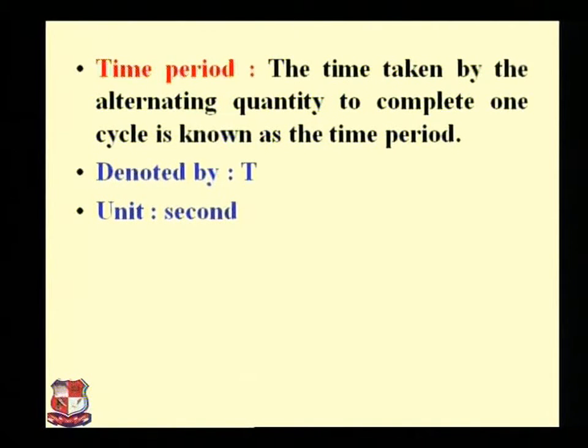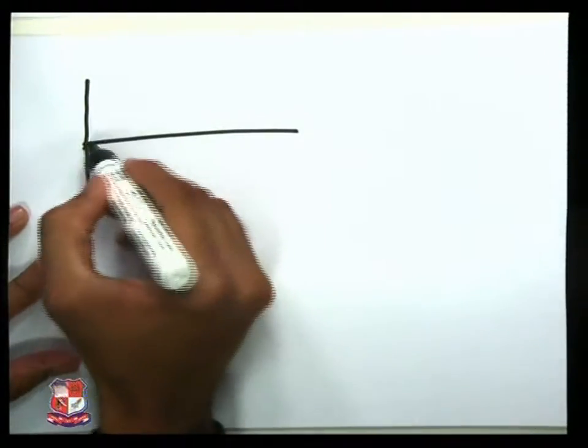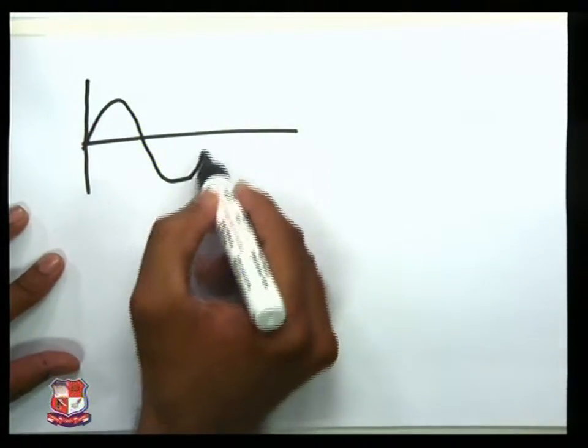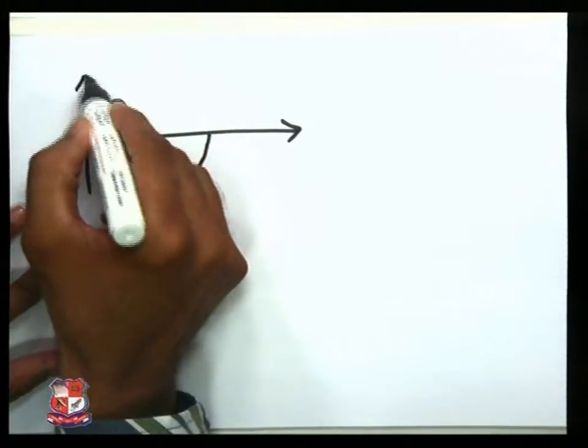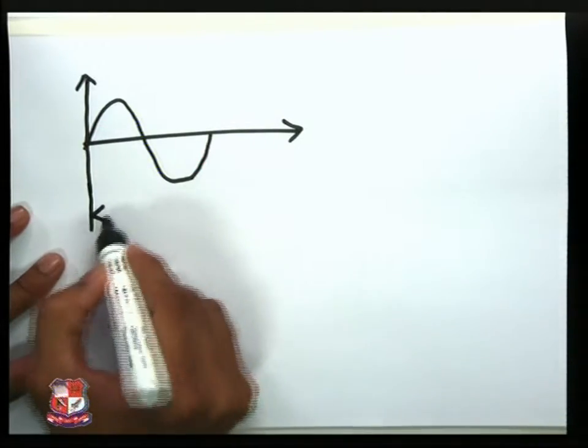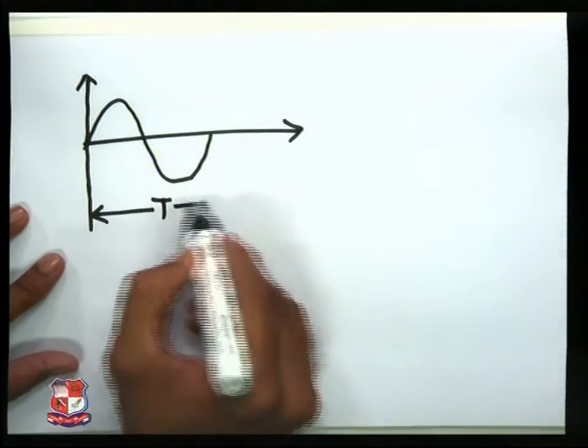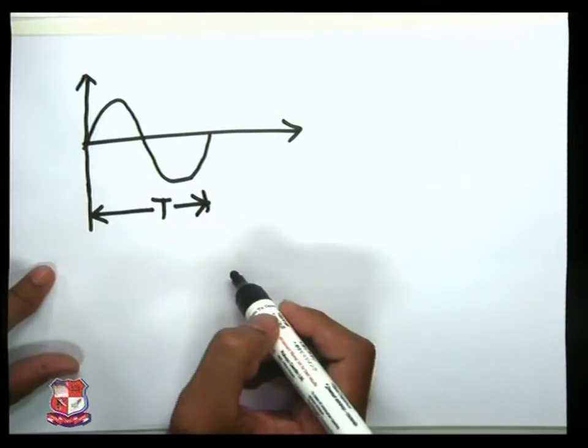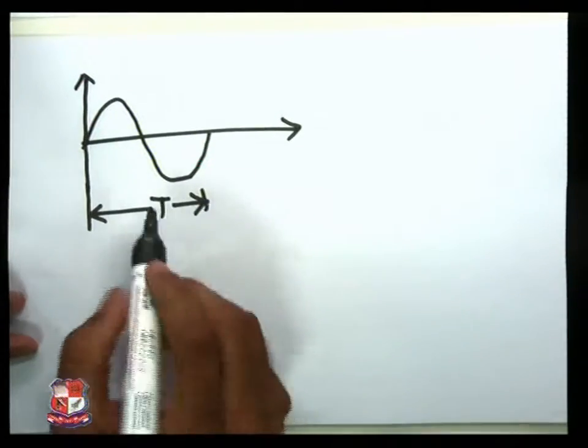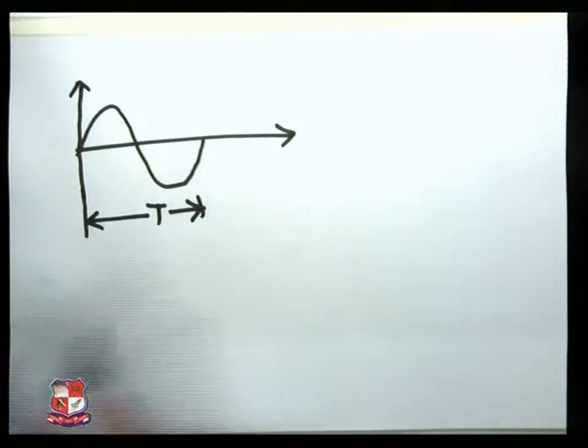So let's understand by one figure. See here, one alternating quantity is represented by this waveform. The time taken to complete the complete waveform is known as T, and it is represented in seconds.